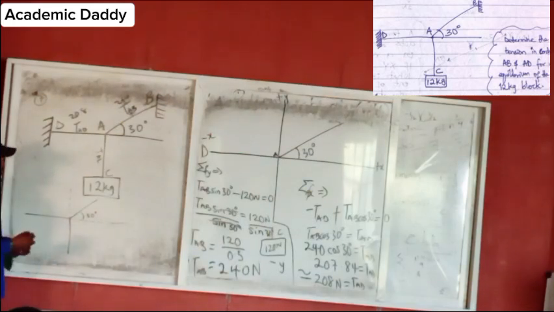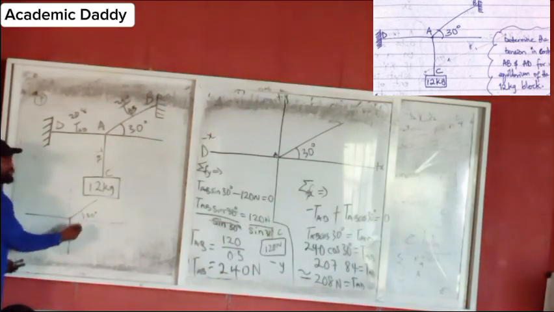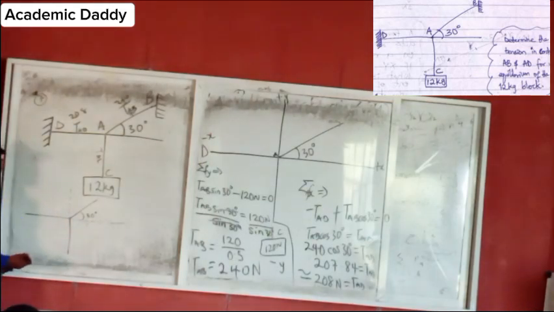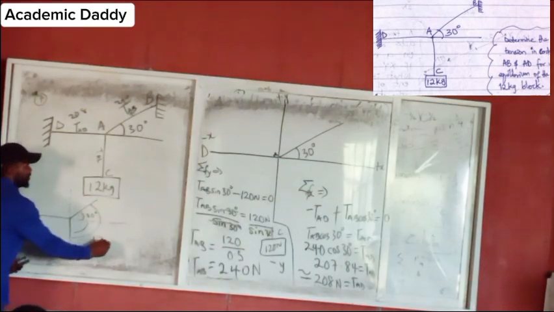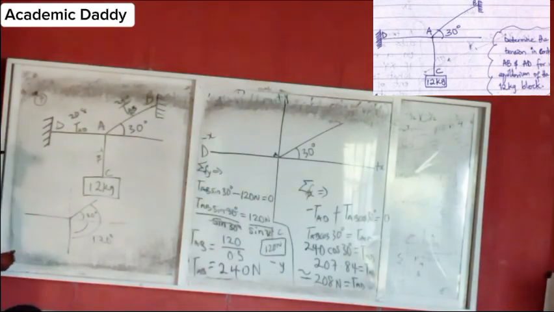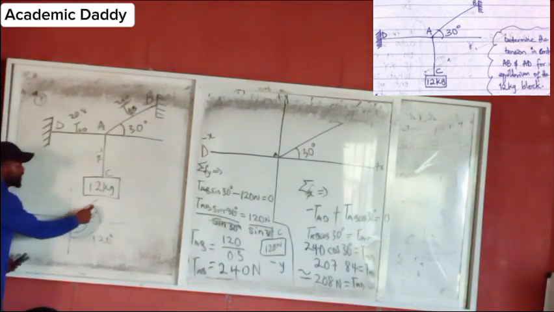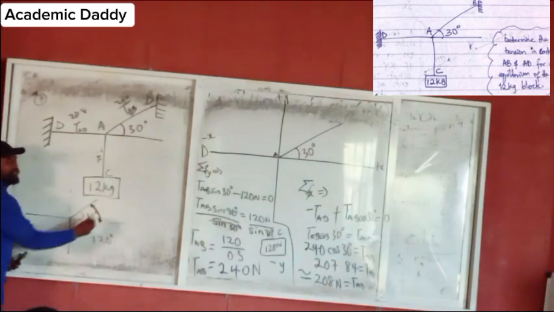Okay, now please, if this is 30 degrees, do you remember that all the angles here are equal to 90 degrees? So 30 plus 90 is what? 120 degrees. Okay, let's check. If this side is 30 degrees, remember this is supposed to be 90, right?